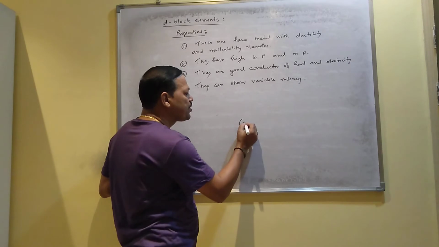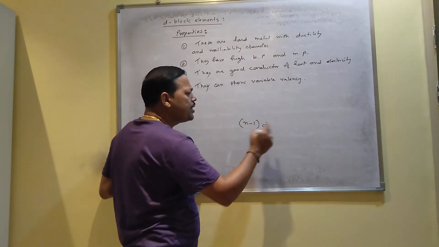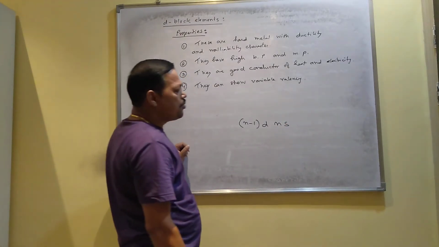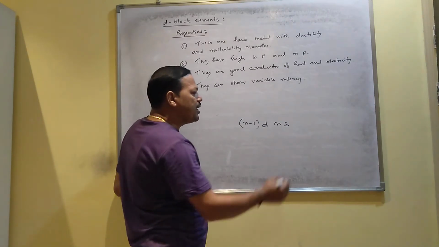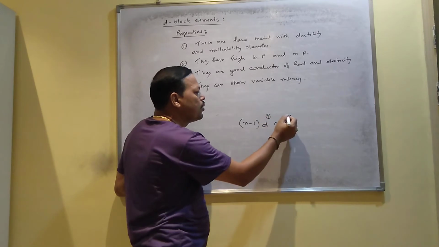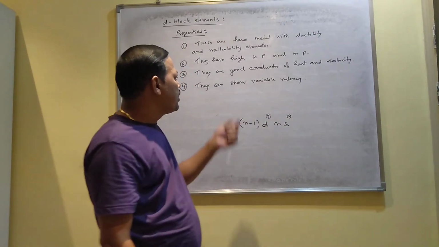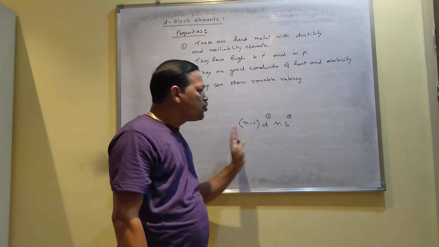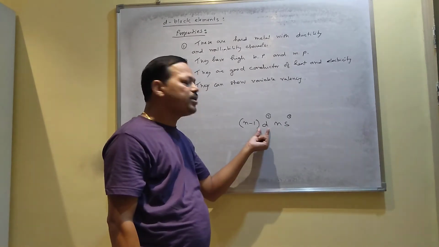And why do they show variable valency? As you have seen in the valence shell, they contain d orbital in the penultimate shell and s orbital in the valence shell. When they are involved in bonding, the electron from s orbital and the electron from d orbital can both be involved. If the element wants to release electrons, it can release from the s orbital also, from the d orbital also.